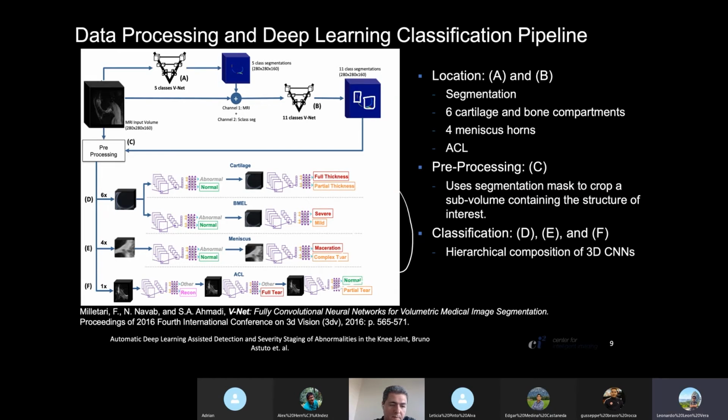I'm curious about the accuracy. You have like three modules there, right? The segmentation, then the classification in the pre-processing, and the neural network for abnormal, normal, full thickness. If you have one error in the first part, you get more error in the cascade.